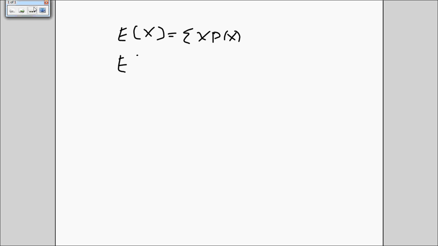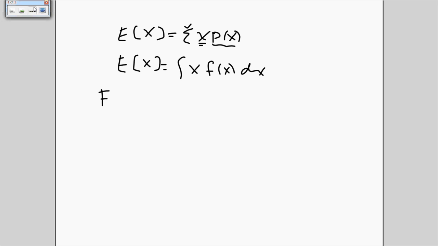So, when it's continuous, the summation symbol becomes an integral. X stays x. P of x just has a new name. It's called f of x dx. That's the formula to calculate the expected value of a continuous random variable.